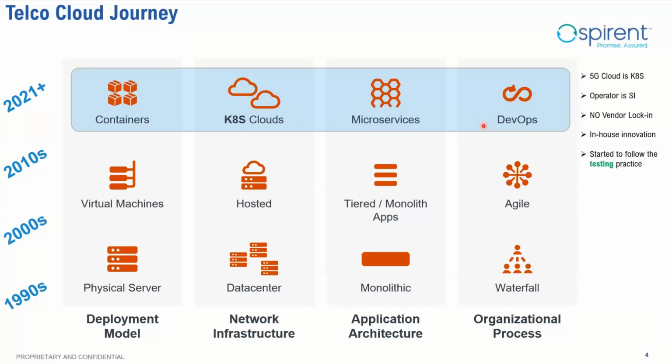This is what is happening, and there are some important points here. When you hear about 5G cloud, it is no more virtualization. It's no more VMs. There's no more virtual cloud. It is 5G cloud, which is running on Kubernetes. So we're going to hear only about Kubernetes going forward in the operator network.